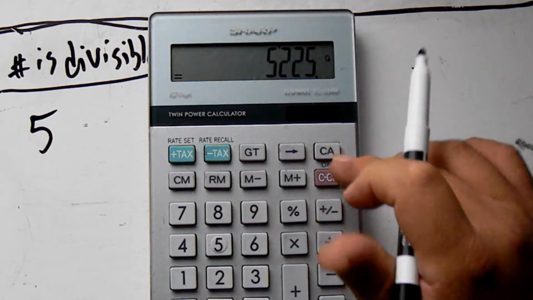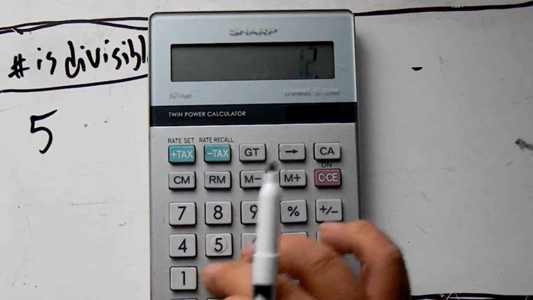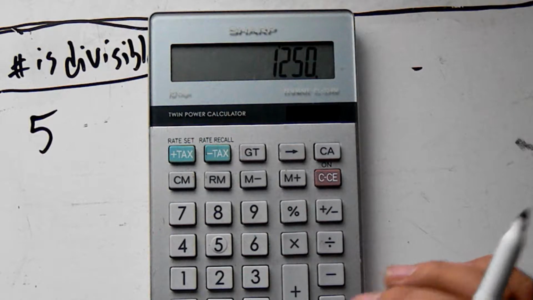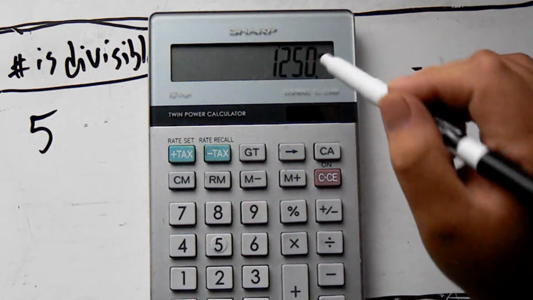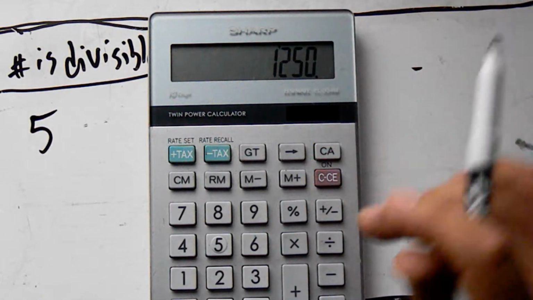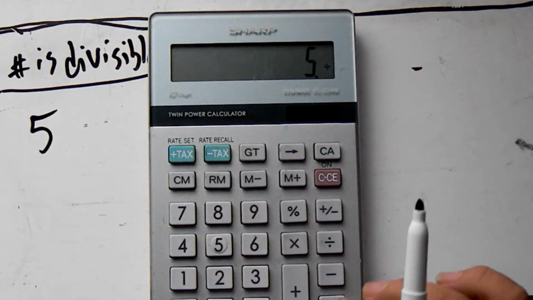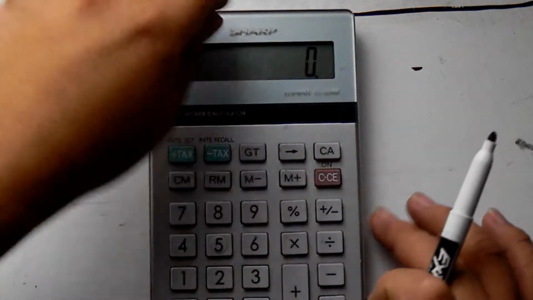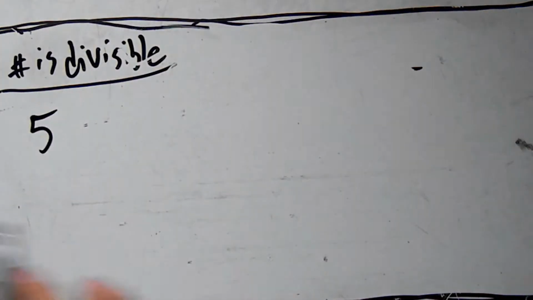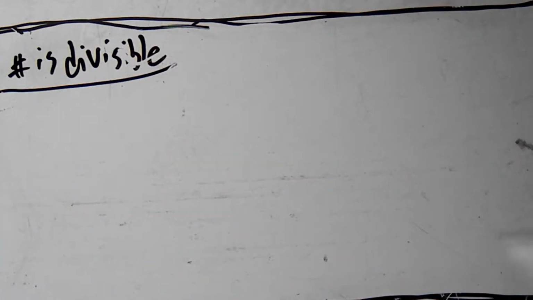And yes, it is. So let's try a different one. 1250 has a 0 in the ones digit, so it should be divisible by 5. And yes, it is. That one's pretty easy actually. Most people probably already know that.